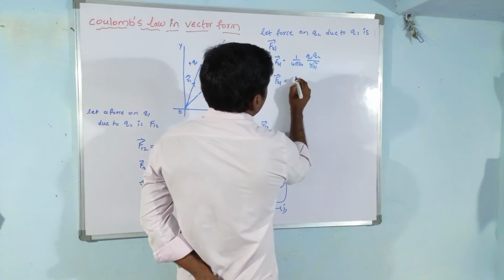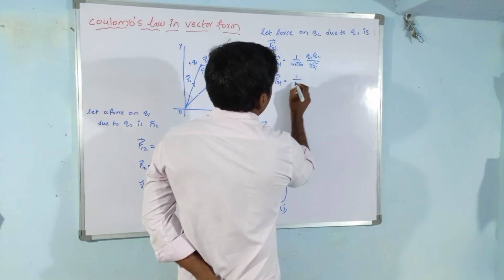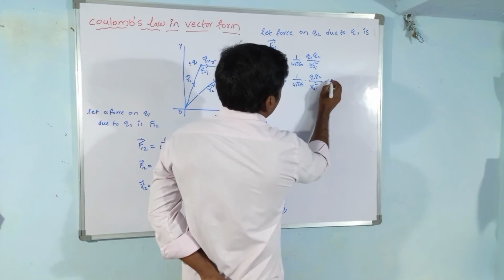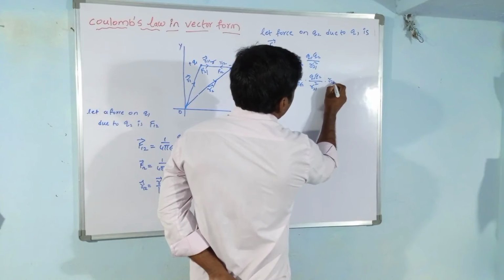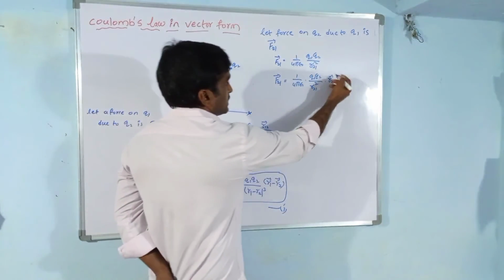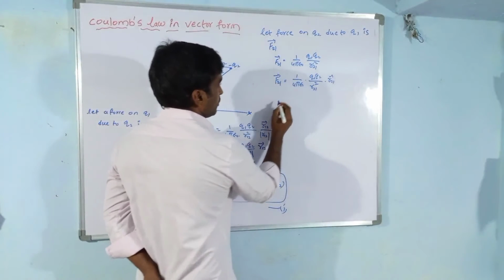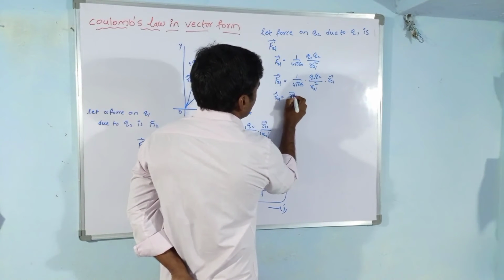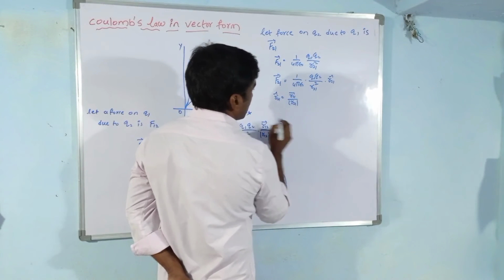We can write F21 in vector form as 1 by 4 pi epsilon naught q1 q2 by r21 square into r21 cap. What is r21 cap? This is the unit vector. We can write r21 cap equal to r21 vector by magnitude r21.